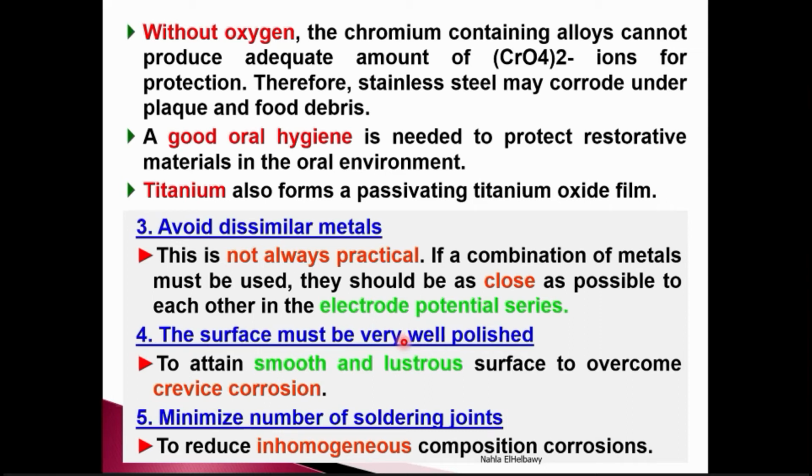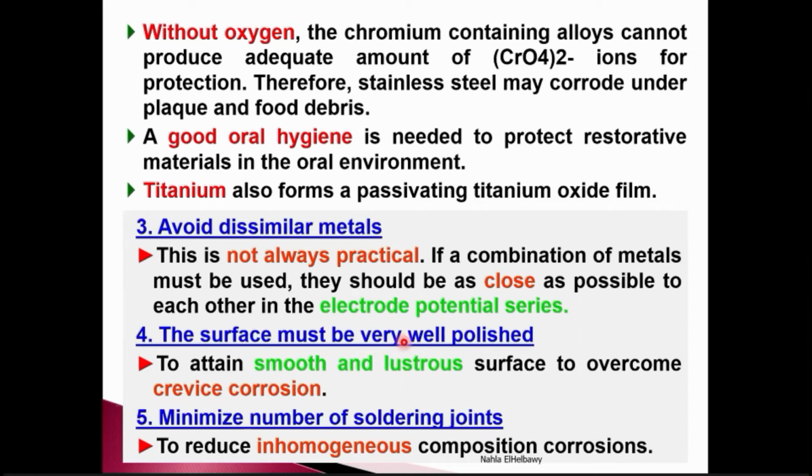Good oral hygiene, so there is no plaque accumulation. If there is plaque accumulation, it will change the electric potential in various areas, because in rough areas, it will have more potential. Avoid dissimilar metals.